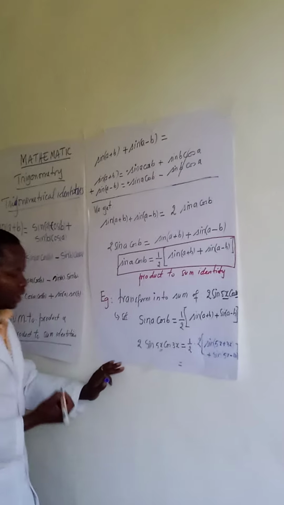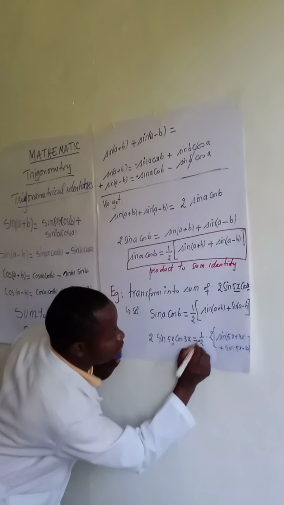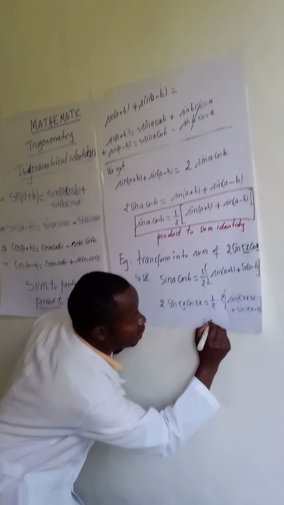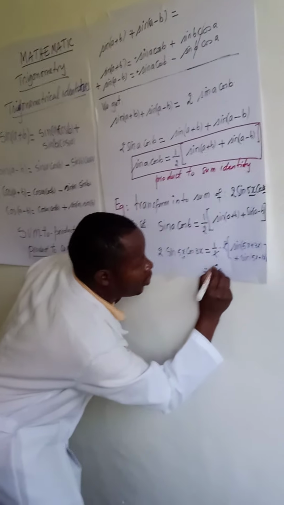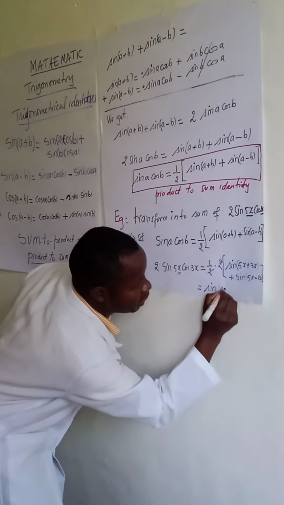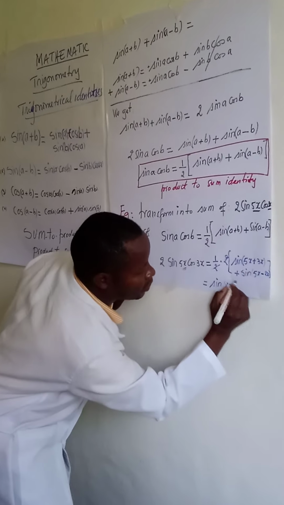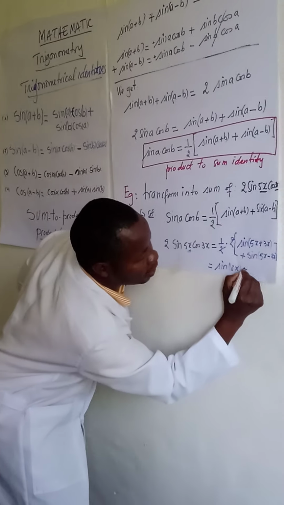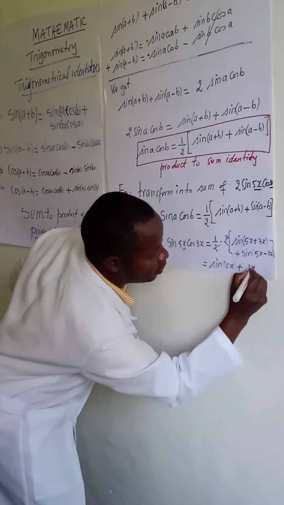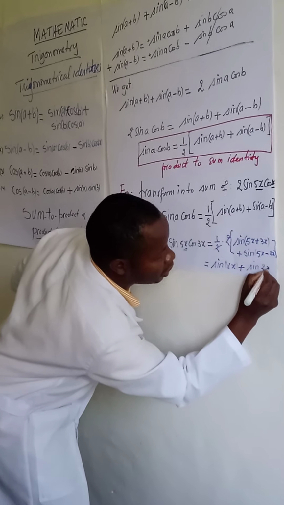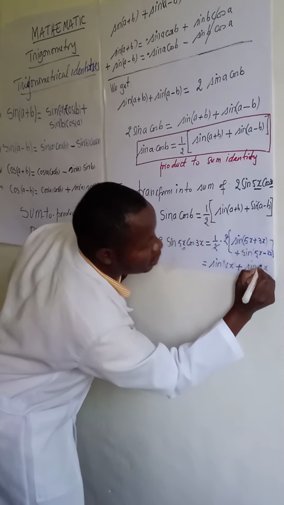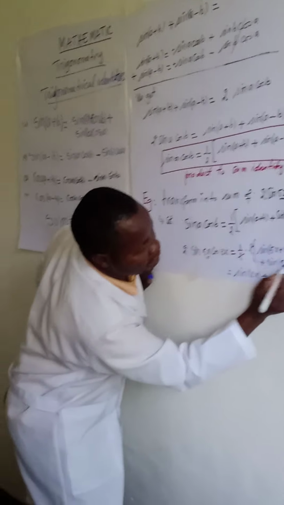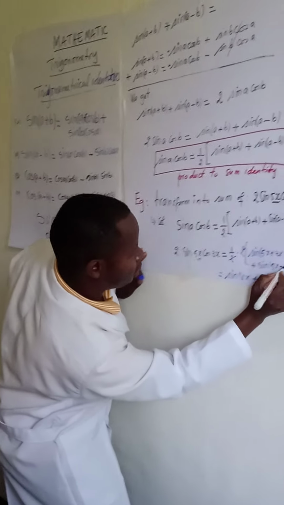This means it is equal to, we simplify 2 and 2, therefore we get sine of 8x, 5 plus 3, then plus sine of 5 negative 3.